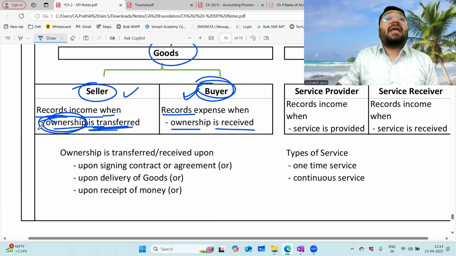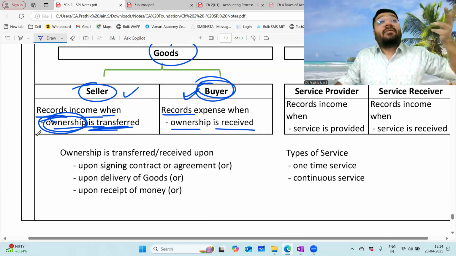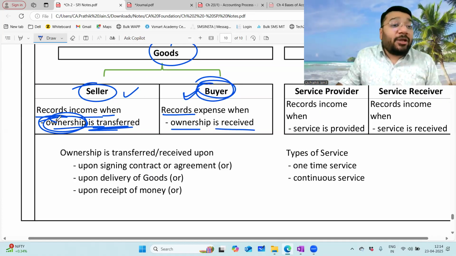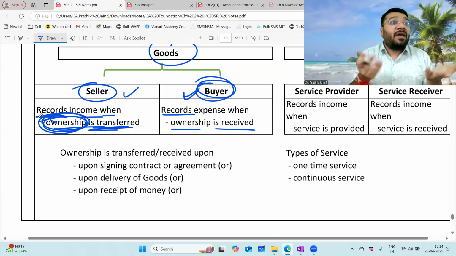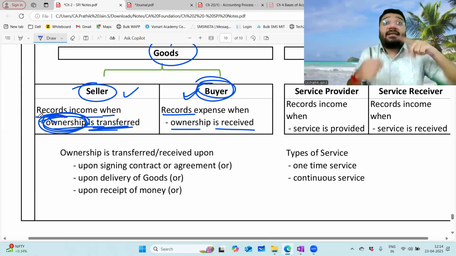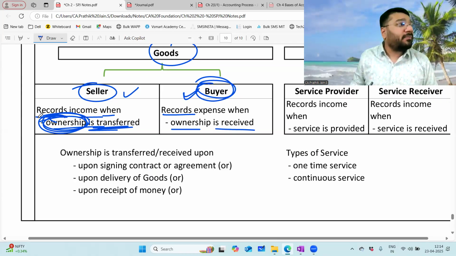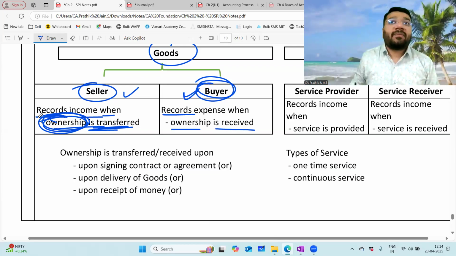Now, the question that arises is, due to which reasonings can you say that the ownership is transferred? Which is that point when I can say that the ownership is transferred? There are multiple situations.